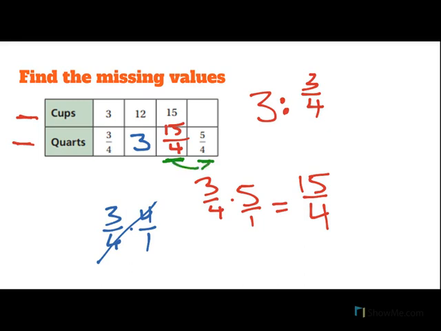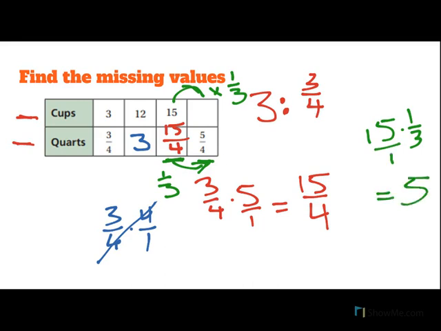So if I multiply 15/4 times a third, which would be the same as dividing by 3, I get 5/4. So I could do the same thing here. I could multiply by 1/3. So 15 times 1/3 would give me 5. So 5 would be the number I would put here.